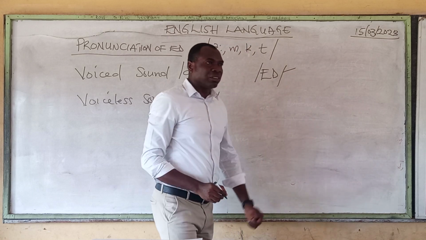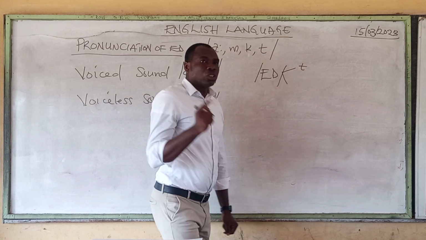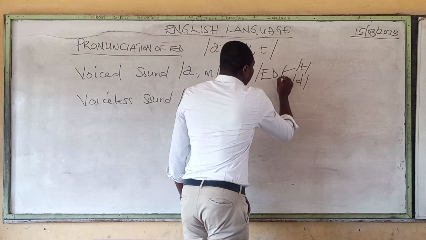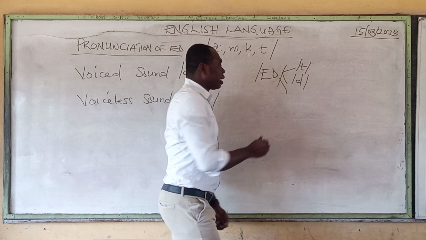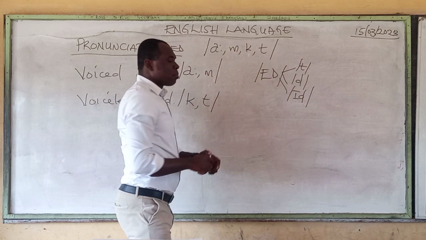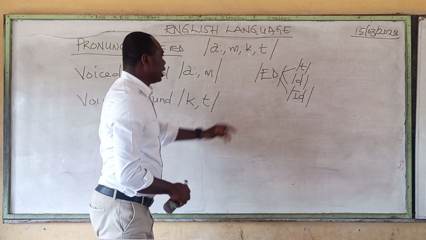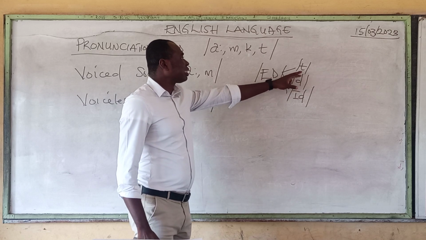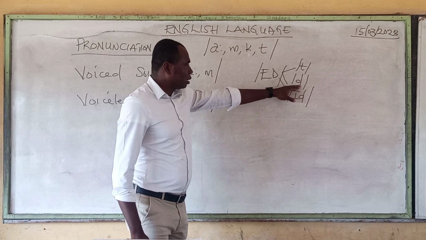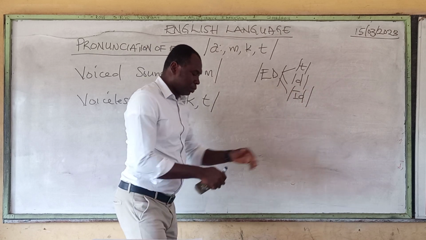ED can be pronounced as t, it can also be pronounced as d, and it can also be pronounced as id. Now we are going to look at the conditions in which ED can be pronounced as t, as d, and as id.